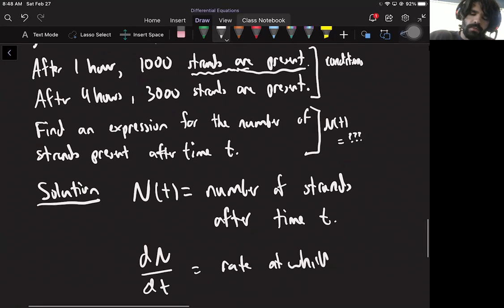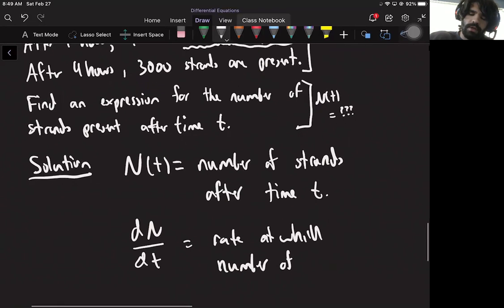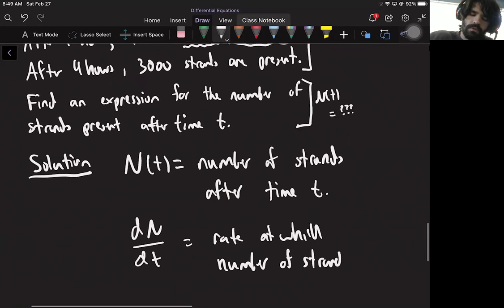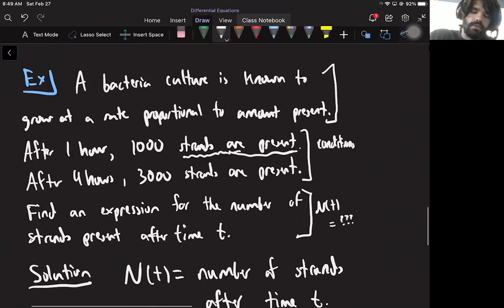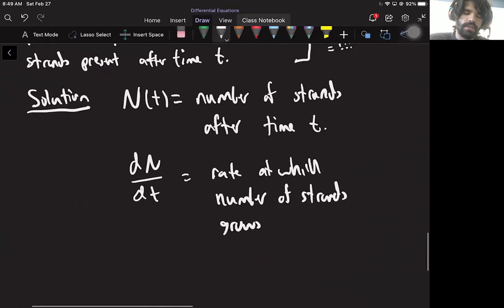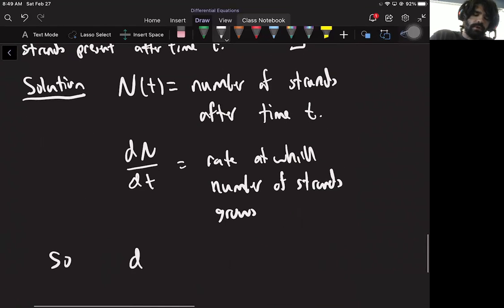So a rate at which, you don't have to write this part down. I'll just write it. Strands grows. And because it's known that the growth is proportional to the amount, I can say this differential equation describes this situation.